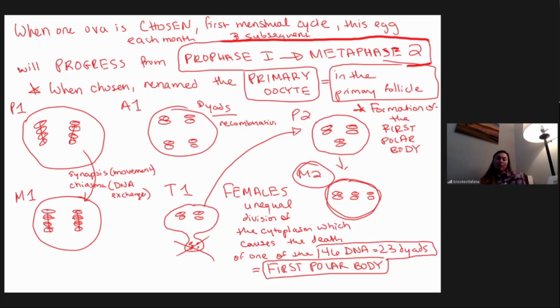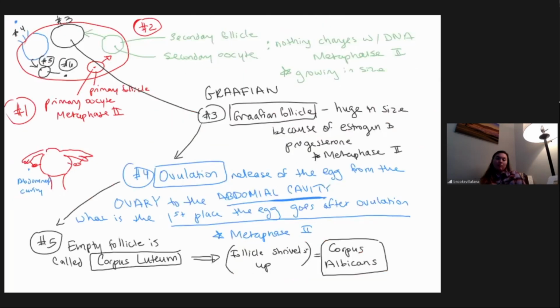Primary follicle, primary oocyte. We form the first polar body during this process of choosing it and it being the primary oocyte. Then it goes through a period of growth where it becomes the secondary follicle, the Graafian follicle. It gets ovulated when it's so big it bursts, and then the empty one is the corpus luteum, and then it shrivels up until it's the corpus albicans.